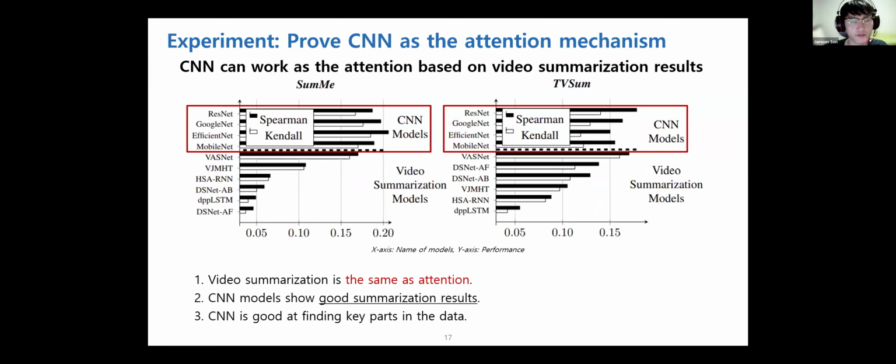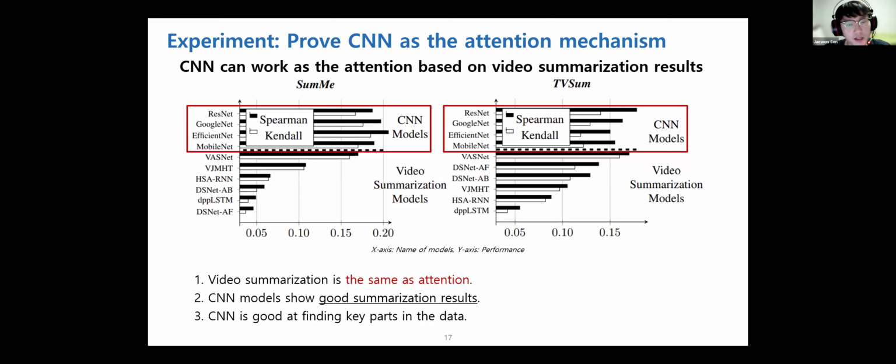Based on the insight from the previous slide, we perform an experiment to see if CNN models can find important parts from the data. We train CNN models to summarize videos and compare the results with conventional video summarization models. As you can see in the graph, CNN models outperform the traditional video summarization models.